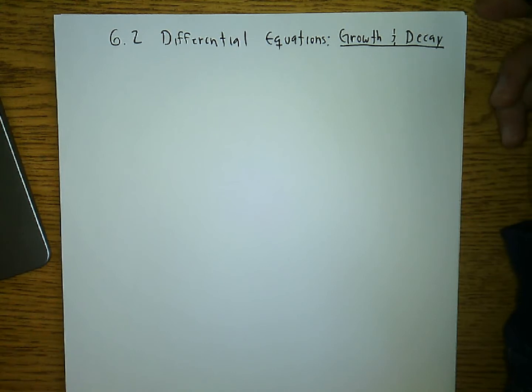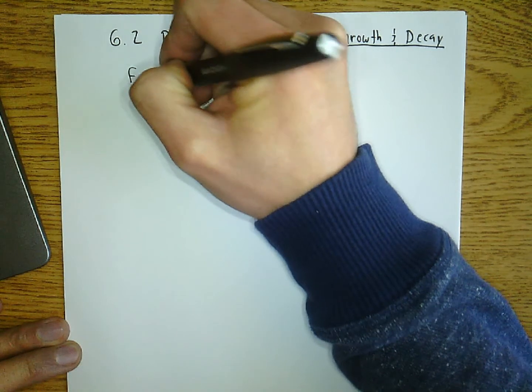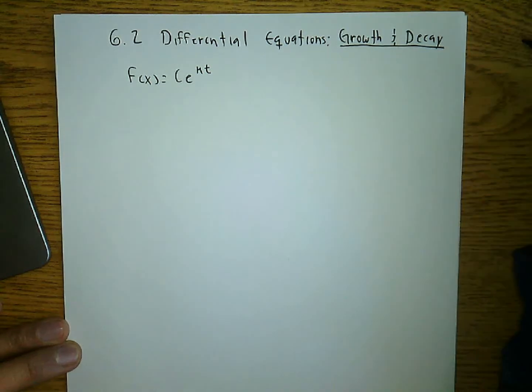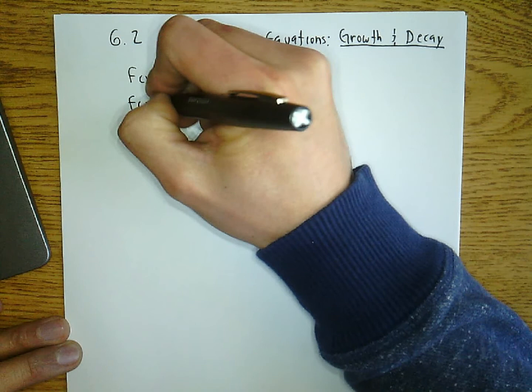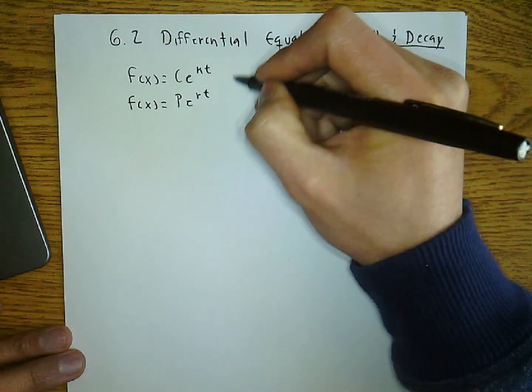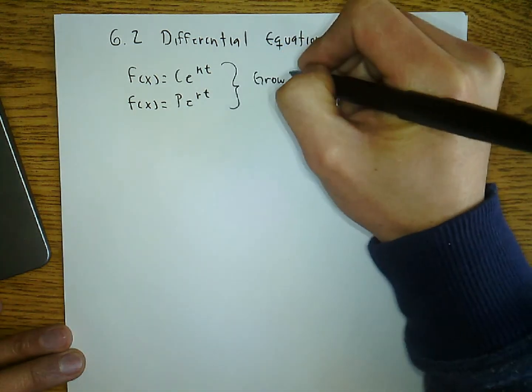Okay. The equation for growth and decay is equal to that. You probably might have seen it like this. So this right here was an equation that you were introduced to in like Algebra 2-ish. This is the growth and decay equation.